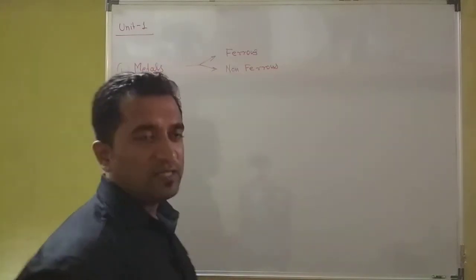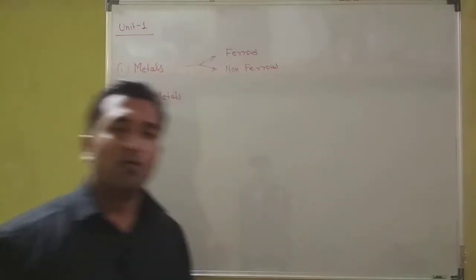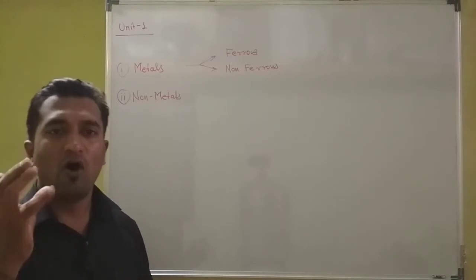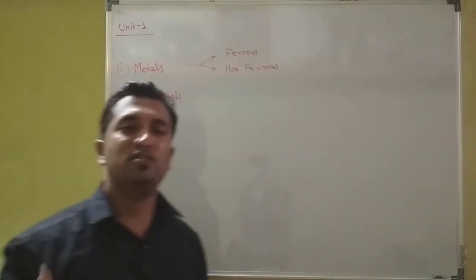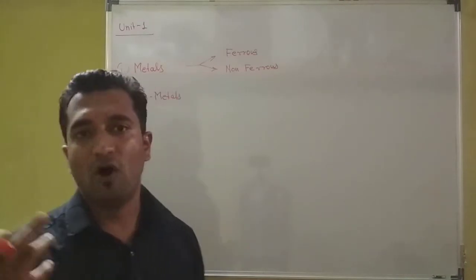Now, ferrous materials are those which have content of iron, and non-ferrous materials are those which don't have any content of iron.